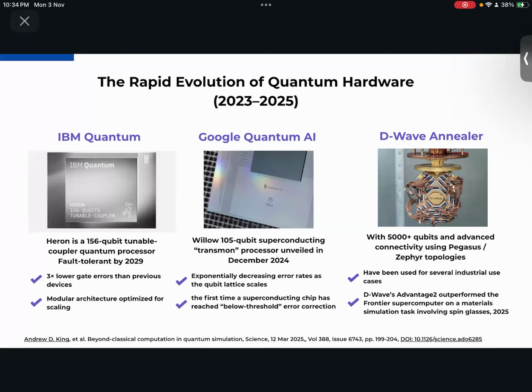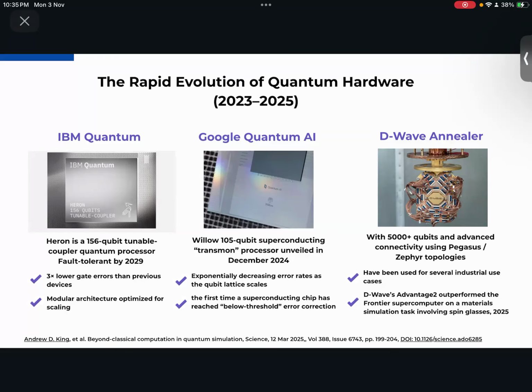So with the rapid evolution of quantum hardware, between 2023 and 2025, many giant companies are presenting their quantum hardware to the audience, and there is a lot of competition out there in the market. We have IBM Quantum.